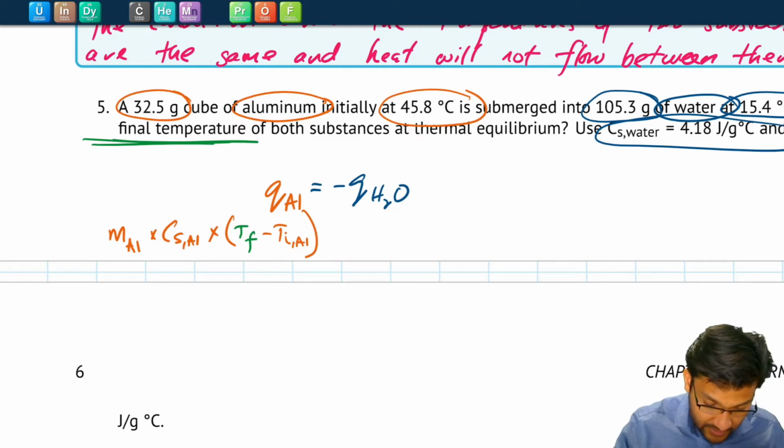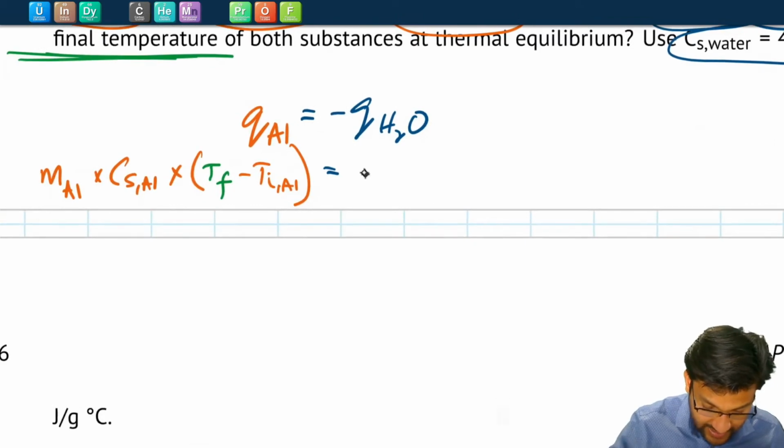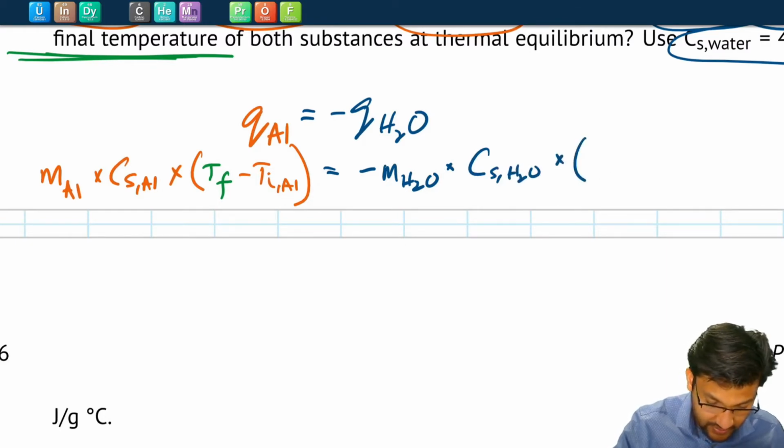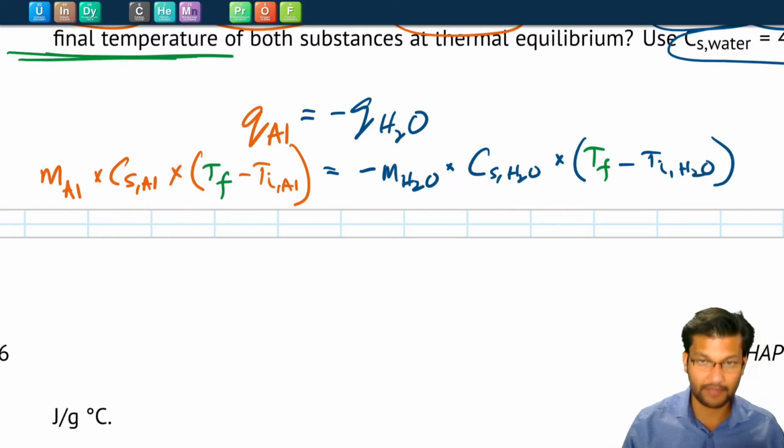The other side of the equation will have negative the heat for the water, which we can also expand out. So we'll have negative the mass of the water times the specific heat capacity of water times the temperature change, which again will be the final temperature minus the initial temperature of water. Note that the final temperature in both situations would be the same.